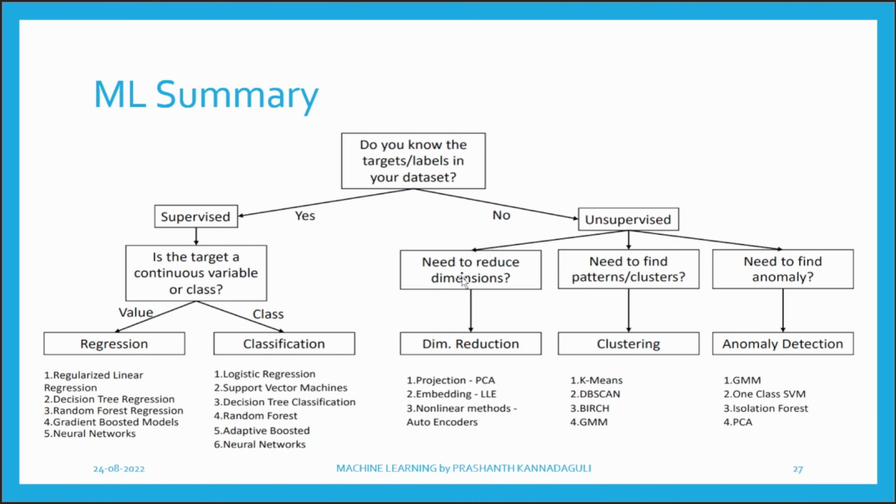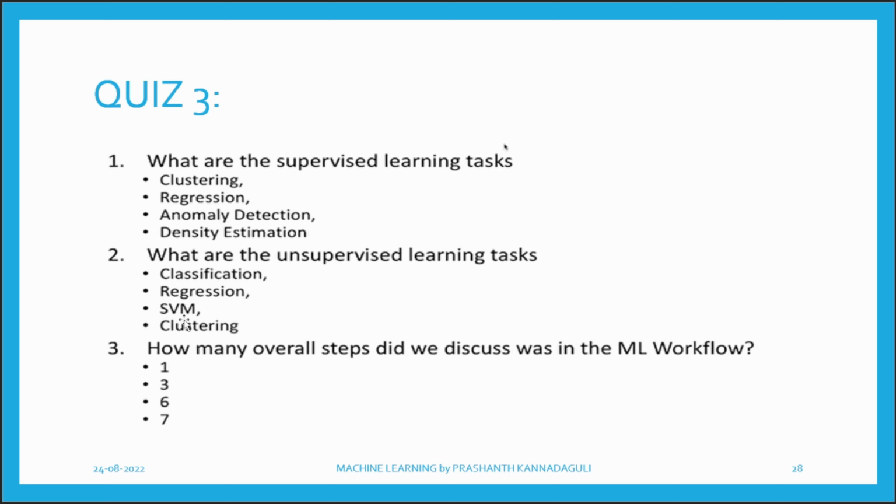In the unsupervised, you can see that clustering is the one. Other than that, everything falls under classification, regression, SVM, etc., which are on the other side. So clustering is the right answer. How many steps are there in the workflow? The previous slide talks about that, and we know that there are 6 fundamental steps. Yes. Very good.